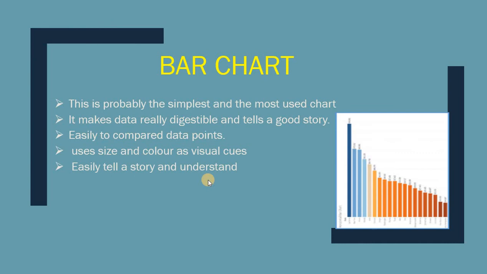The other one is the bar chart. A bar chart can be horizontal or vertical. It is probably the simplest and most widely used chart and visualization, because it's very handy and tells a lot of stories. When using this kind of chart, the data is really handy to interpret. This one is sorted from high to low, so we can compare.